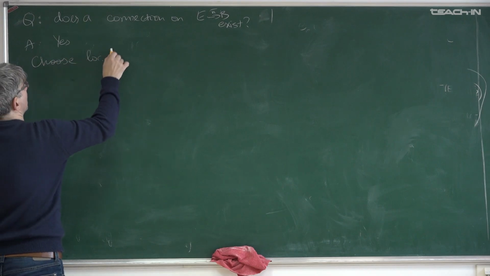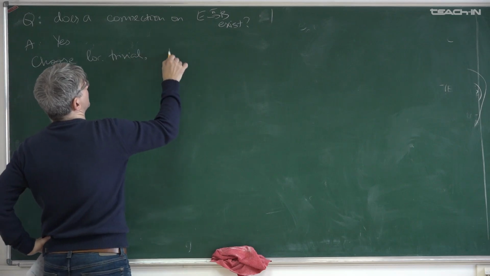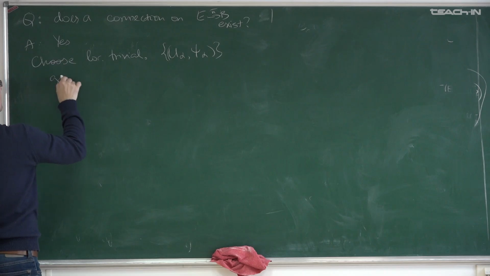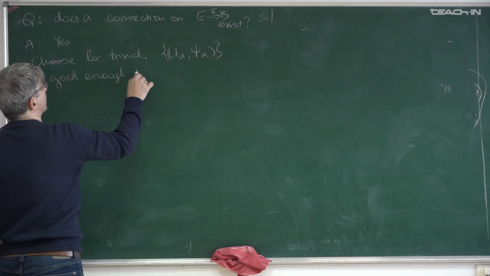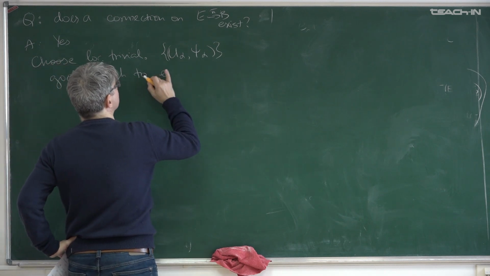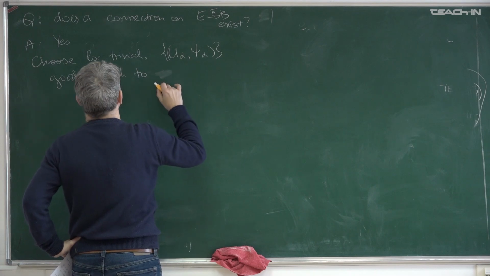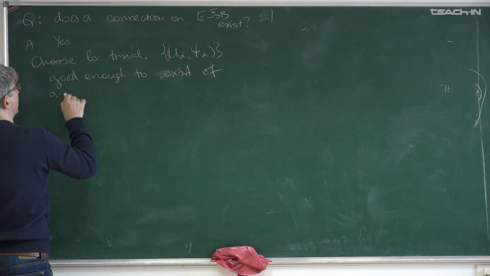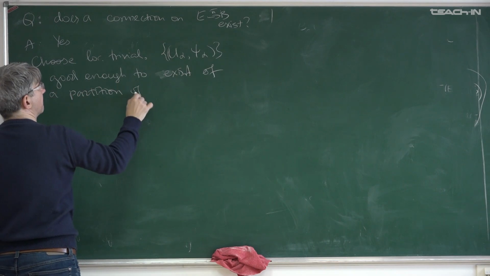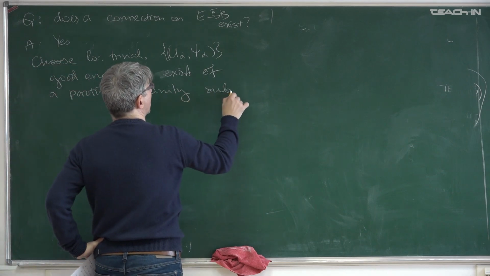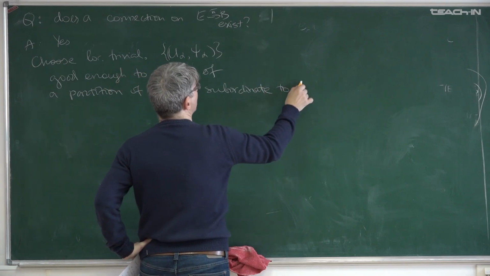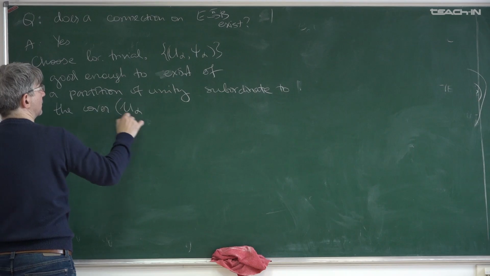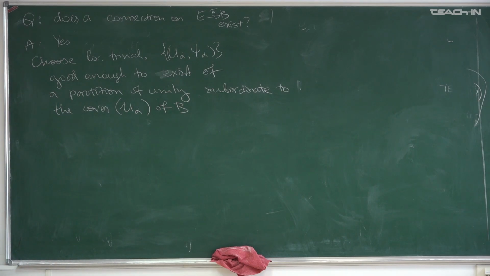Choose local trivializations U_alpha, psi_alpha. It should be good enough for existence of a partition of unity subordinate to the cover U_alpha of the base manifold B. These are two different things.